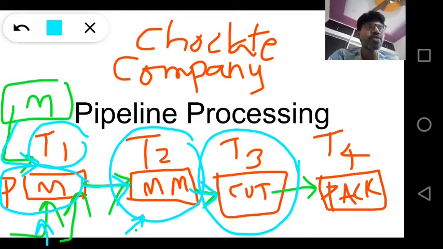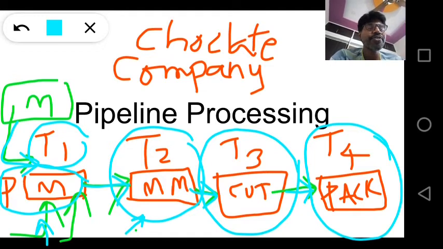So by this way, all T1, T2, T3 are busy. They are not idle. It's not like T3 is sitting idle until T2 is complete. T3 is doing some other task. When T4 is doing packing, T3 will do this.